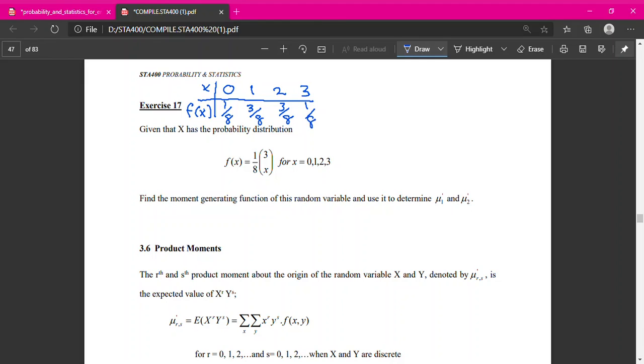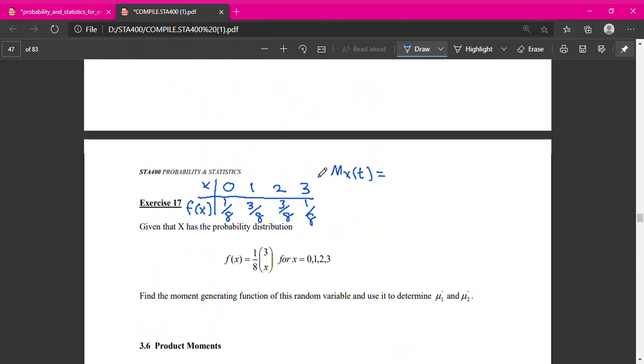Right? Okay. So now kita nak cari MGF, which is the notationnya M_X(t). Okay. Which is expected of e^tX, which is summation of e^tx multiply dengan P(x) ataupun f(x).